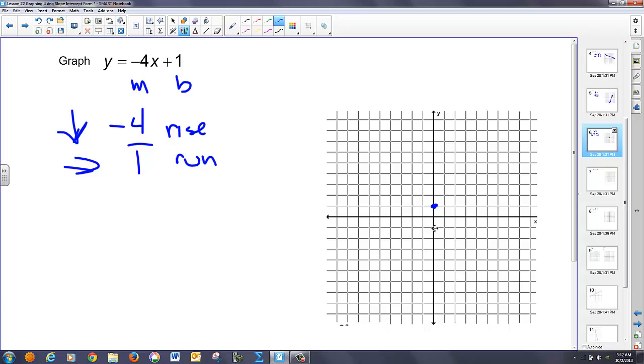I go down 4 over 1. Do it again, go down 4 over 1. And there's our graph.